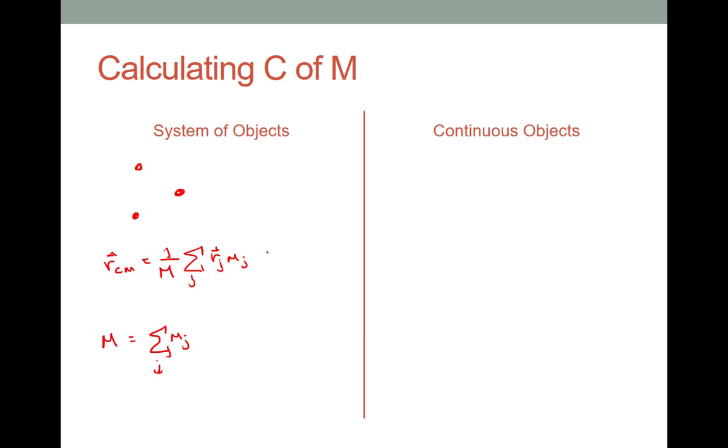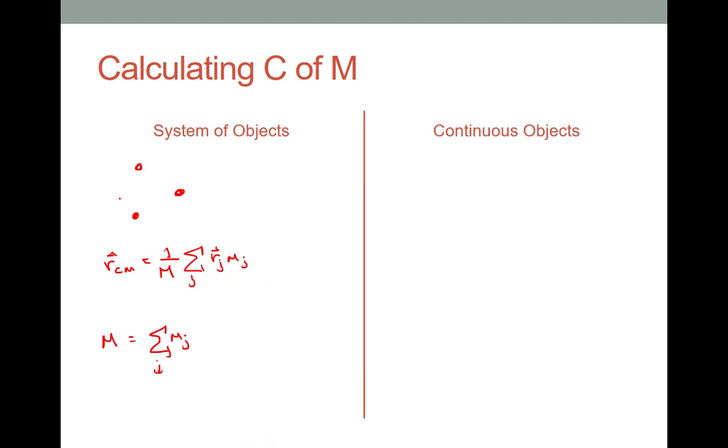As I said, it's a weighted average. So a larger mass that is located at a smaller distance will contribute differently than a larger mass that's positioned at a further distance away from your origin.